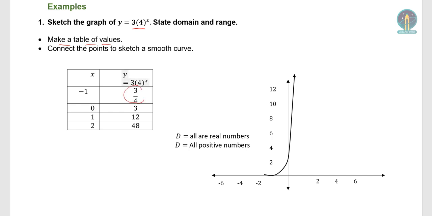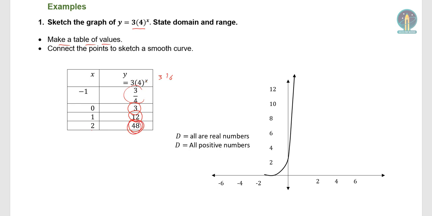For 0, 4 to the 0 is 1 times 3 is 3. For 1, 4 to the first power is 4 times 3 is 12. For 2, 4 squared is 16 times 3 is 48.